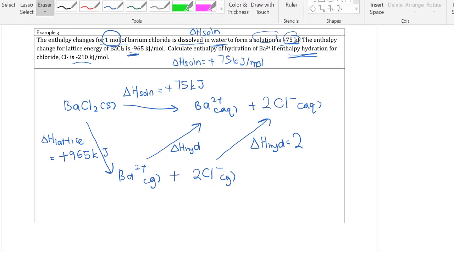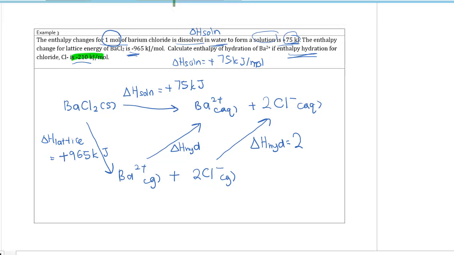By definition, negative 210 kilojoule per mole is referring to 1 mole of chloride ion in gas being hydrated.